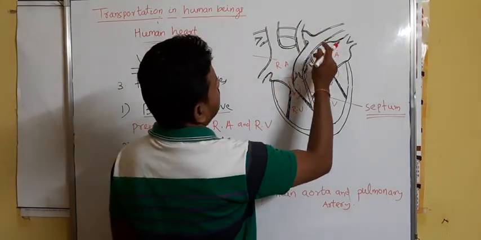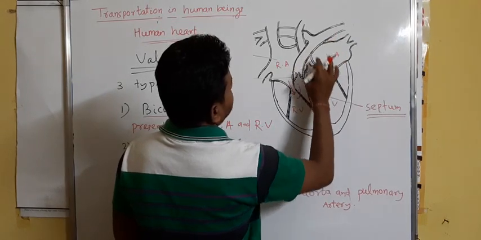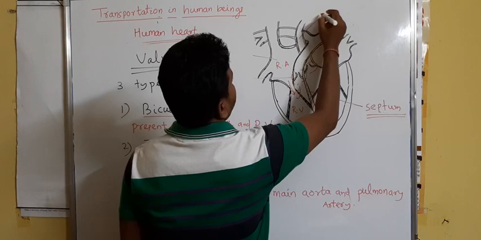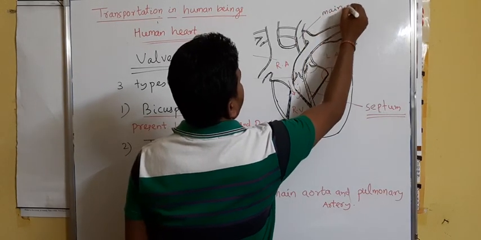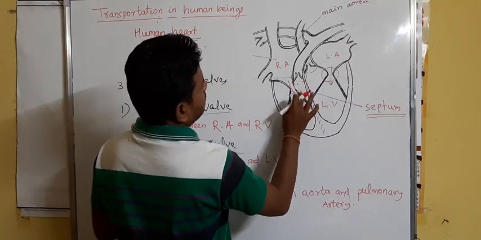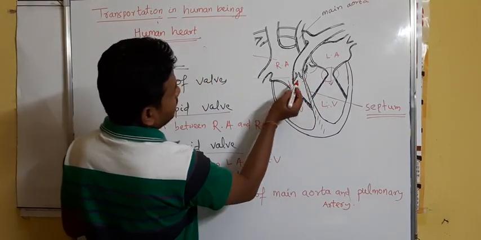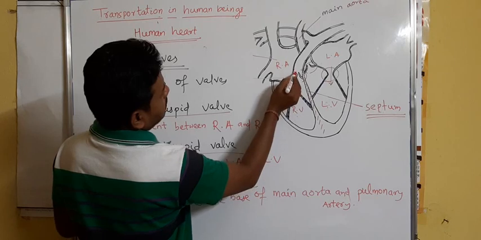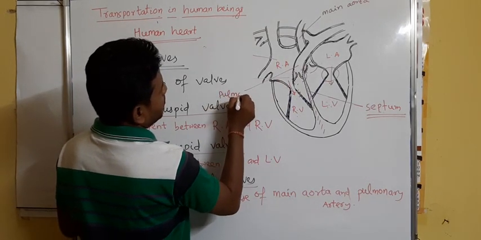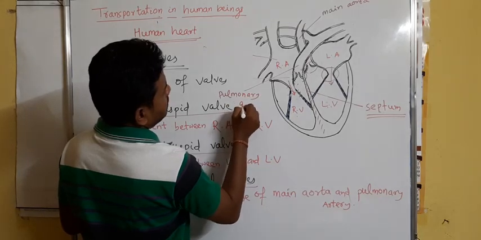You know that this blood vessel is called the main aorta, and this part you can see is the pulmonary artery.